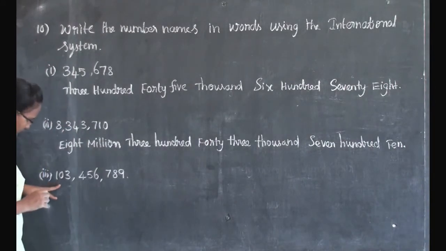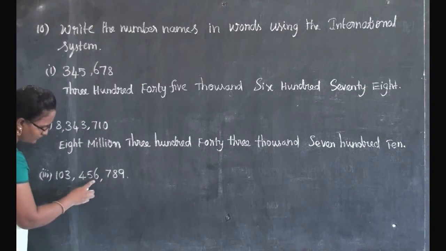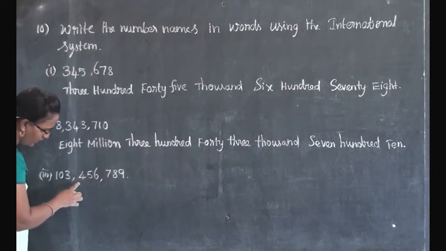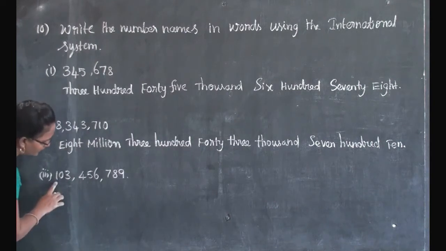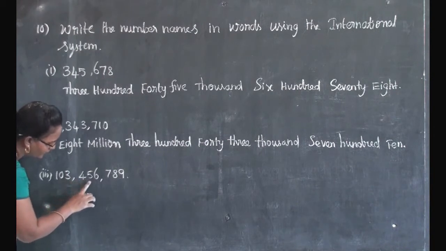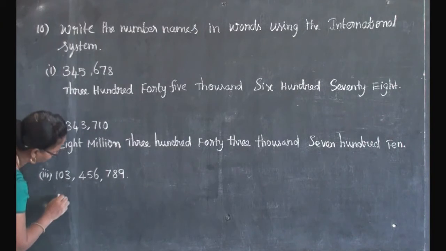Now the third one: ones, tens, hundreds, thousand, 10,000, 100,000, and then million, 10 million, 100 million. So 103,456,789.